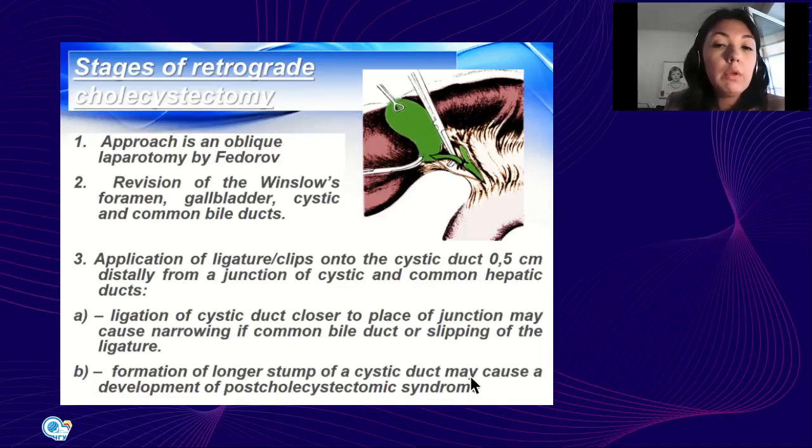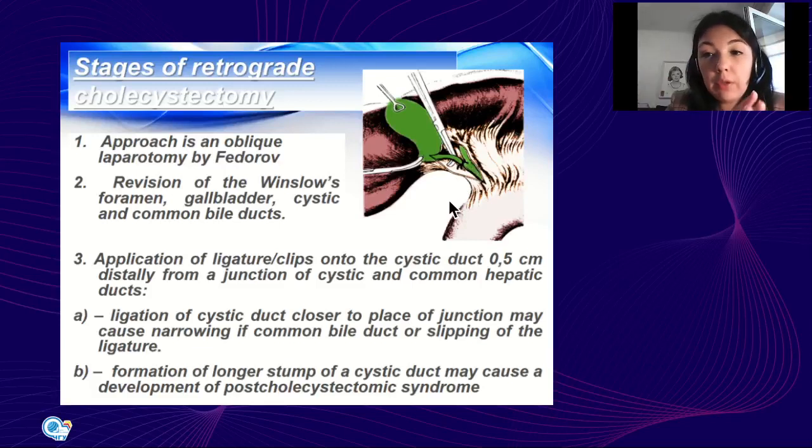We perform revision of the Winslow foramen, gallbladder, cystic, and common bile ducts. Then we apply ligatures or clips onto the cystic duct. The first ligature or clip is applied 0.5 centimeters distally from the junction of the cystic and common hepatic ducts. So here you can see application of the first ligature.